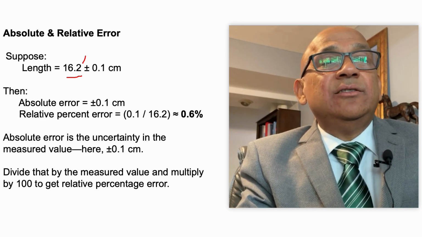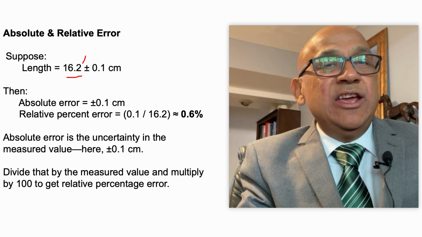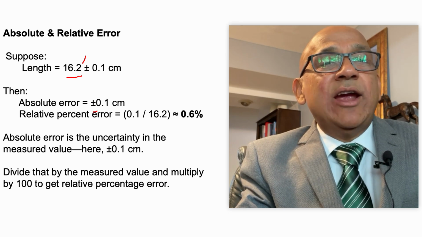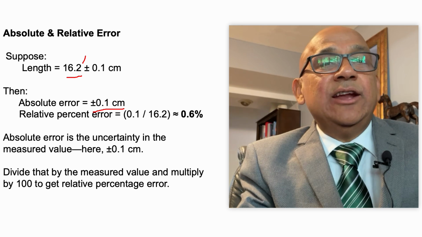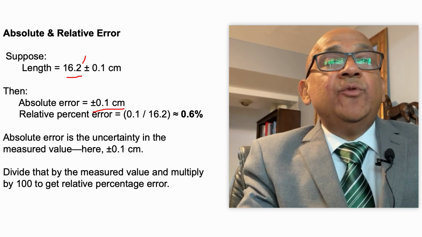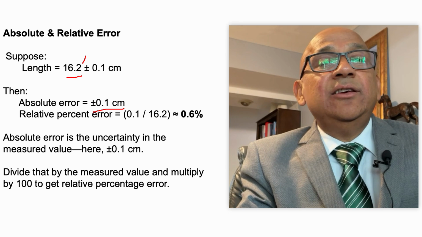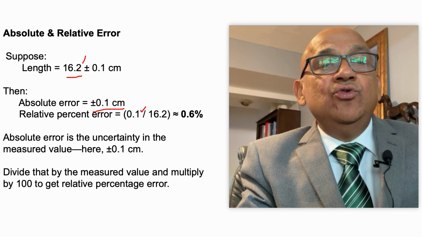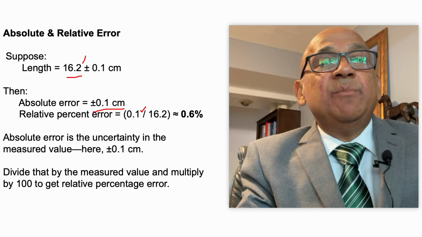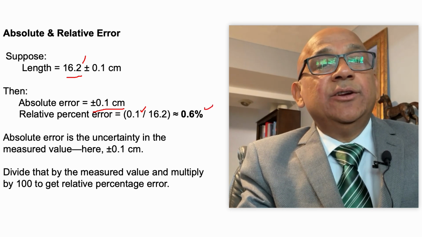So the absolute error in this quantity is plus minus 0.1 centimeter. Now if you have to find the relative error, then we divide this 0.1 by 16.2 and then multiply by 100. So it comes out to be 0.6%.